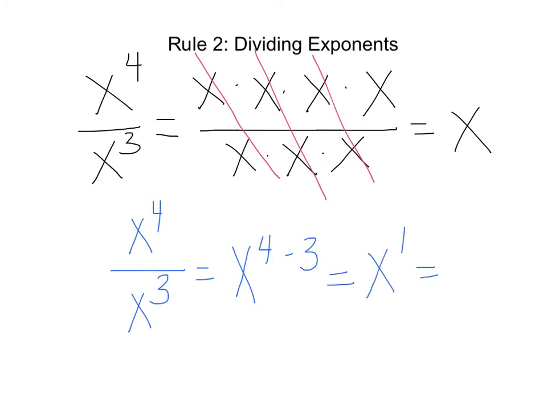And you know from our rules from last video that anything to the first power is just itself. So what we just proved is that when we're dividing exponents with the same base, we can just subtract. So 4 minus 3 is 1. We simplify even further and we get x.